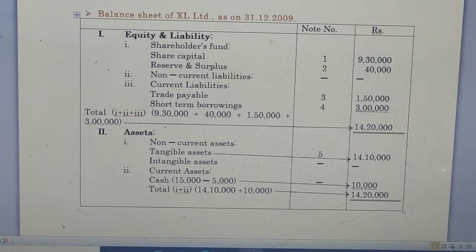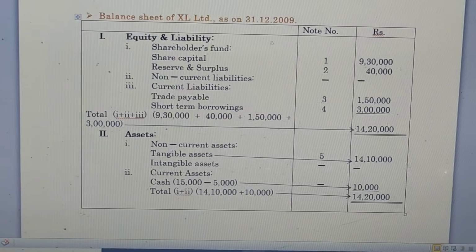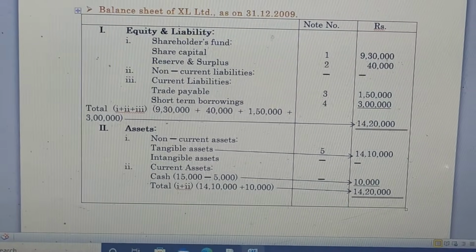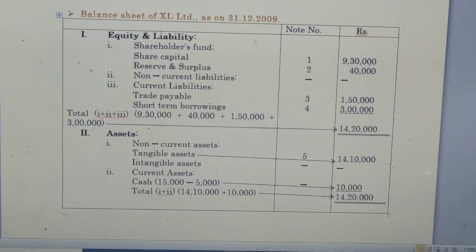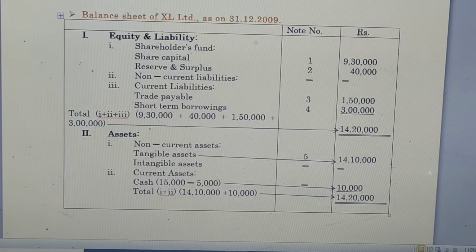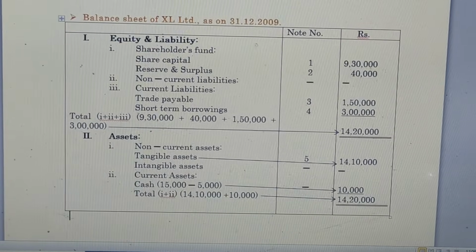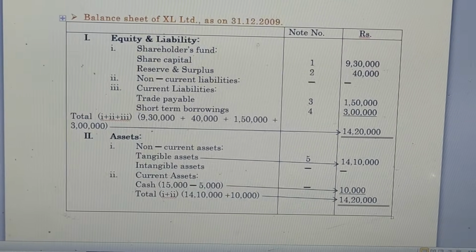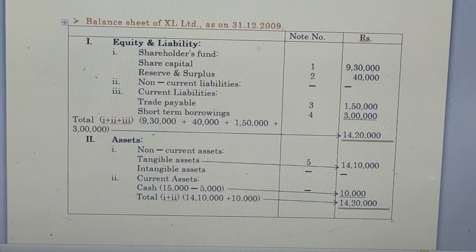And intangible assets nil, and under the current assets we have to mention the cash value. So as per the balance sheet, the cash value is 15,000. Then we have to adjust the reconstruction expenses amount with the cash balance.